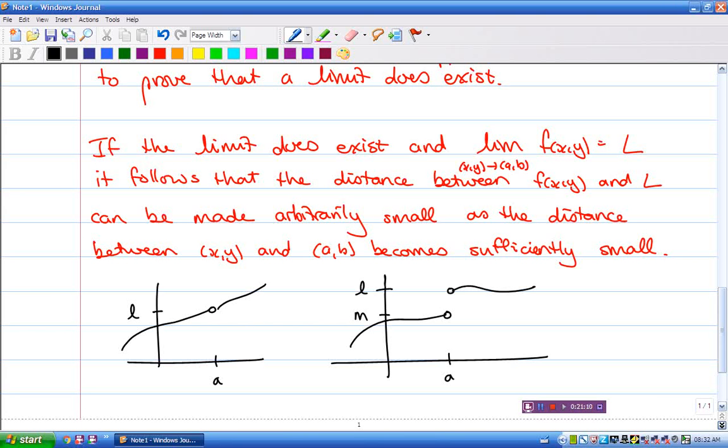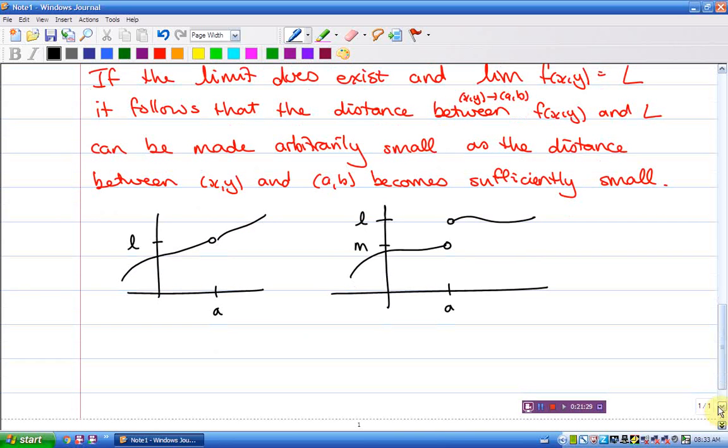If the limit truly does exist, it means that you can make the distance between your function value and the limit arbitrarily small by simply choosing points in your domain that are sufficiently close to (a,b). Okay, so what? Well, because we're talking about distances, it means, let me go back to red.